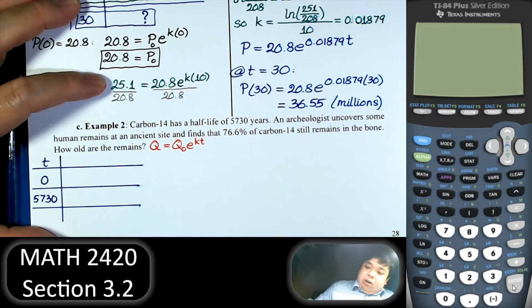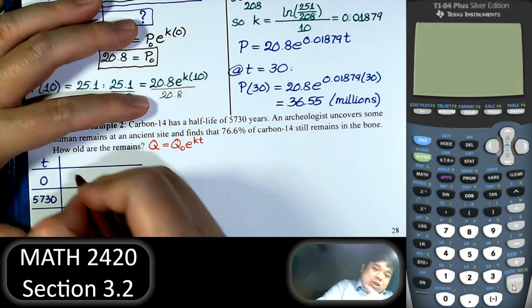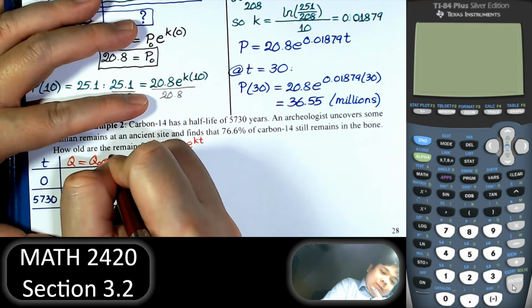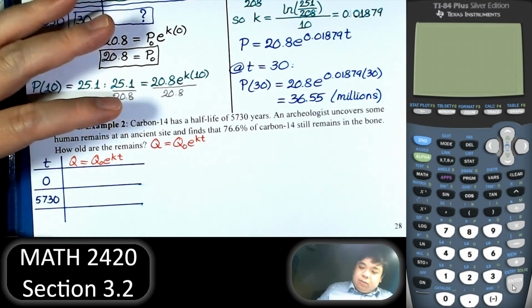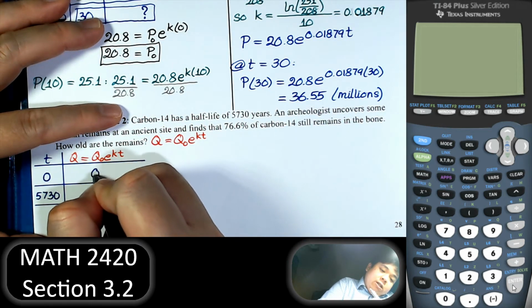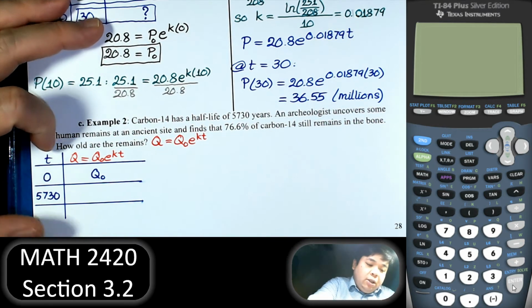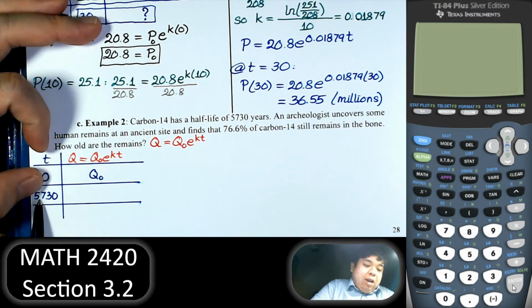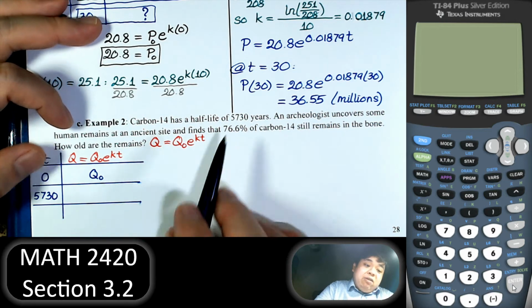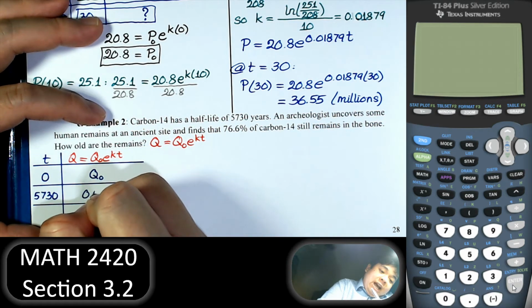So the formula is, instead of P, now we use Q. At 0, the population will be Q naught. 5,730 years later is the half-life, meaning it will be half of it.